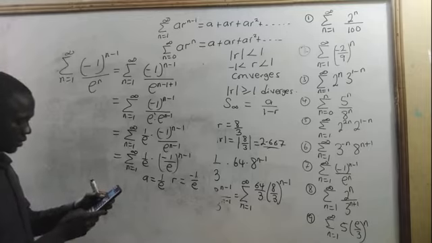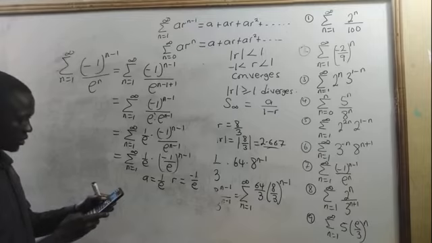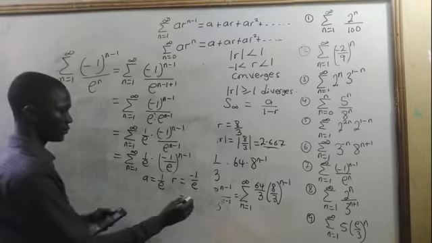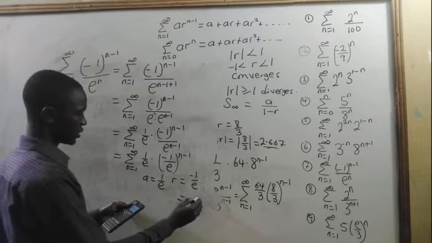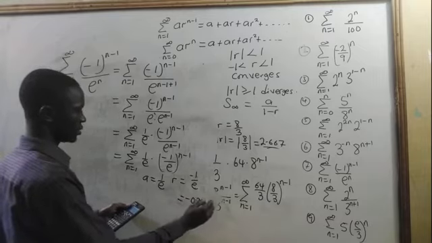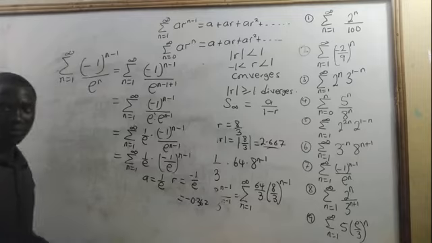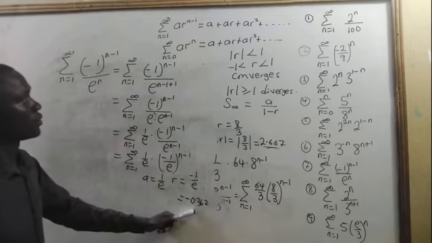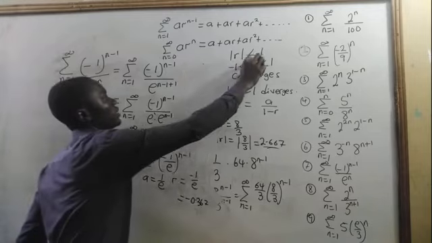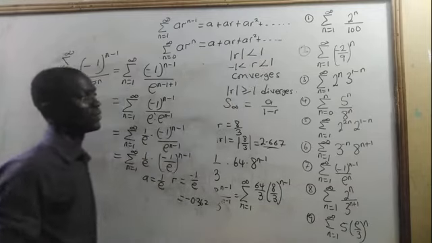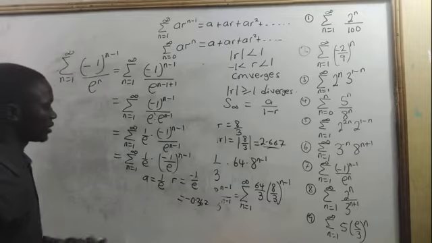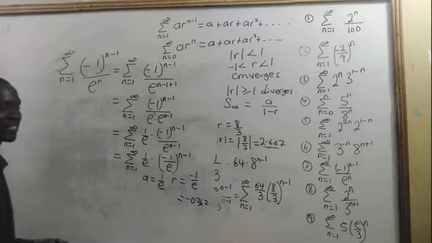That is negative 0.367. Yes. Which is here within this interval. It's within this interval. So here the series converges.